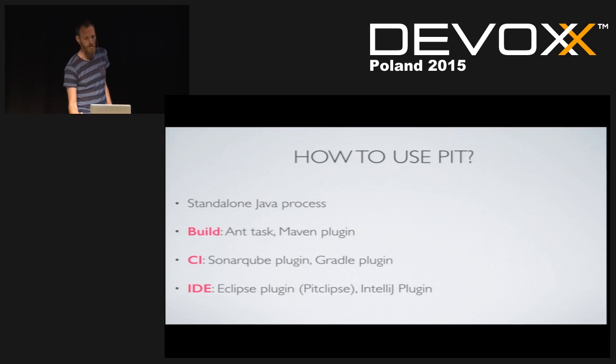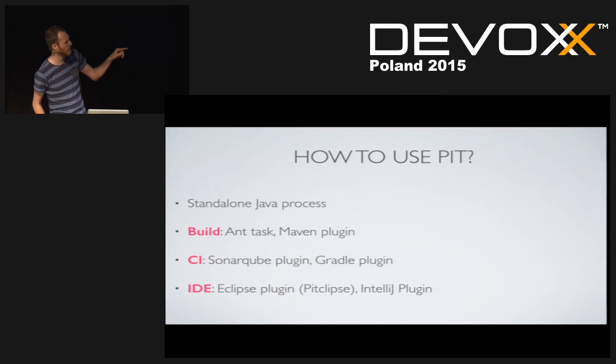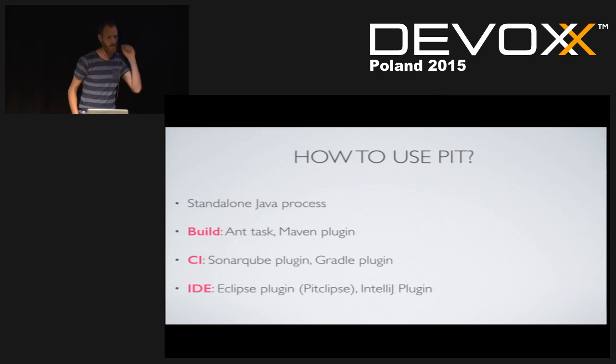So how do you actually use it? Well, there's a standalone Java process you can run, so it's easy to integrate into whatever you want. There's an Ant task, a Maven plugin, and a Gradle plugin as well. There's a SonarQube plugin. IDE support is rather poor. I've been told there's an IntelliJ plugin, but I couldn't install it in IntelliJ. It's probably based on an old version.